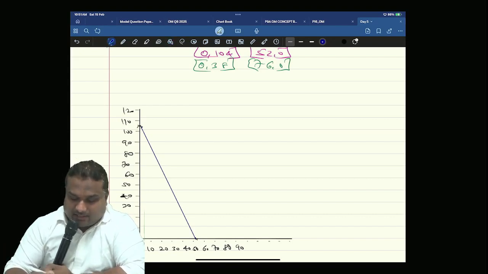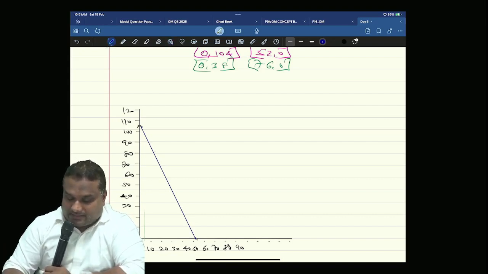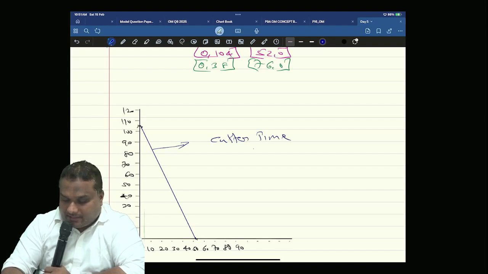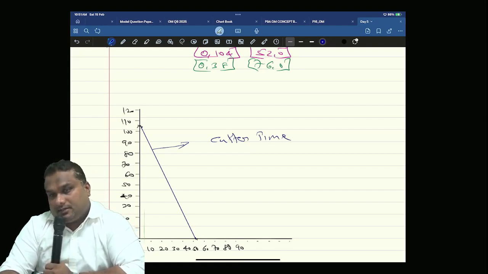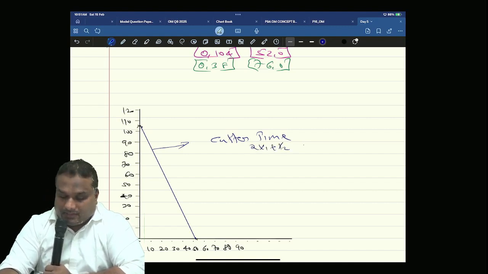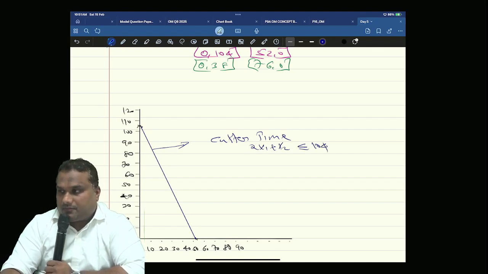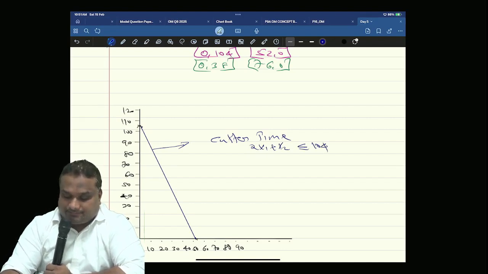This is cutter's time, and the equation is 2x1 plus x2 less than or equal to 104. Deal or no deal? Second one is 0, 38.